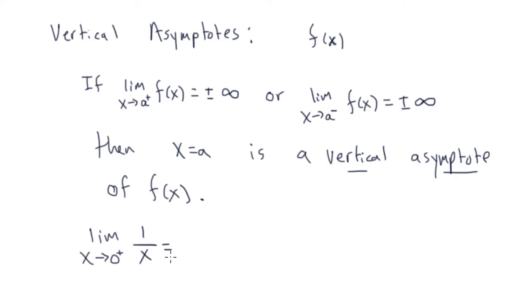Remember our convention is that when we say a big number, we mean a number far away from 0. And when we mean a small number, I mean a number close to 0. And so a small positive number is a number just to the right of 0, and a small negative number is a number just to the left of 0.